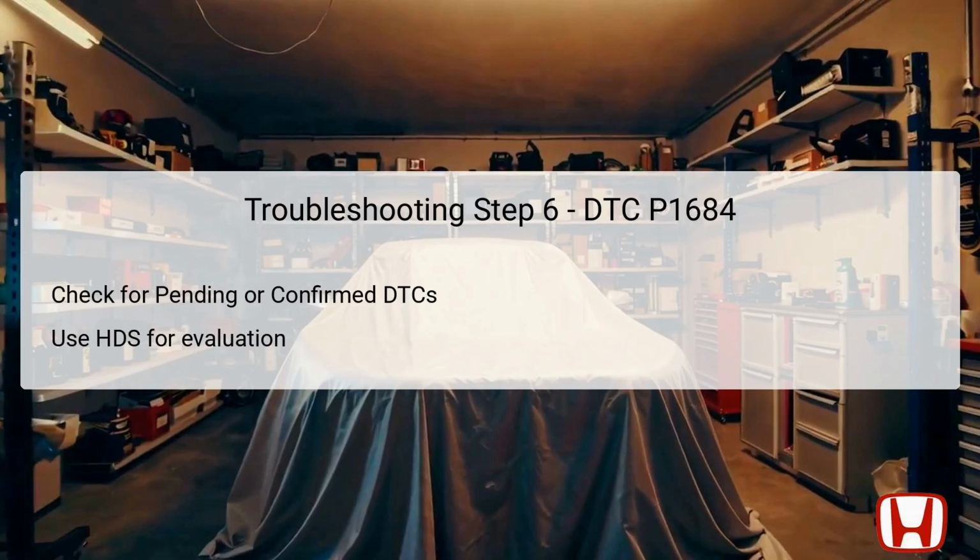The discovery of DTC P1684 at this step confirms that a throttle valve return spring performance issue persists, guiding the technician toward the next immediate actions. Identifying the status of these errors forms an essential part of the overall troubleshooting process, allowing for accurate diagnostics and strategizing appropriate steps for remedy.